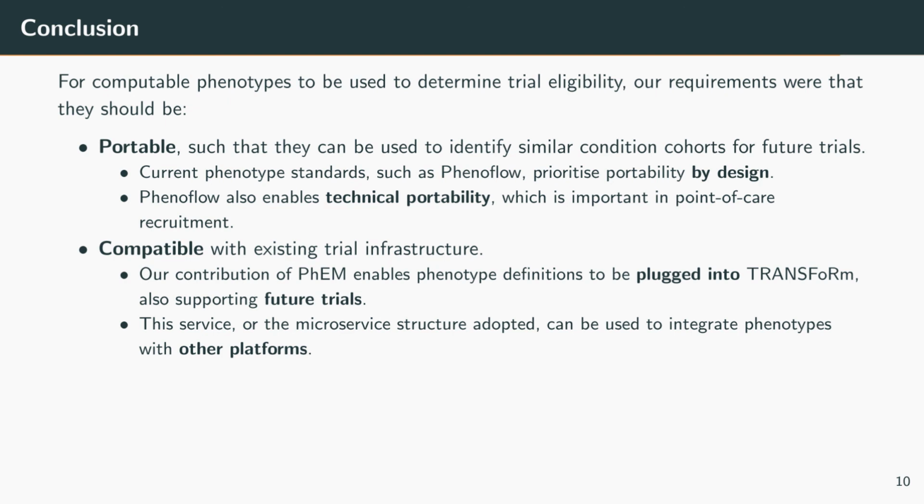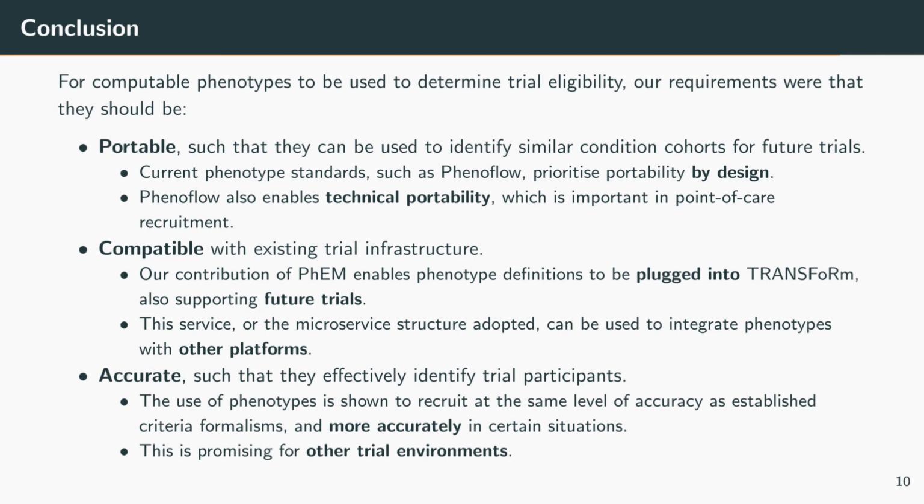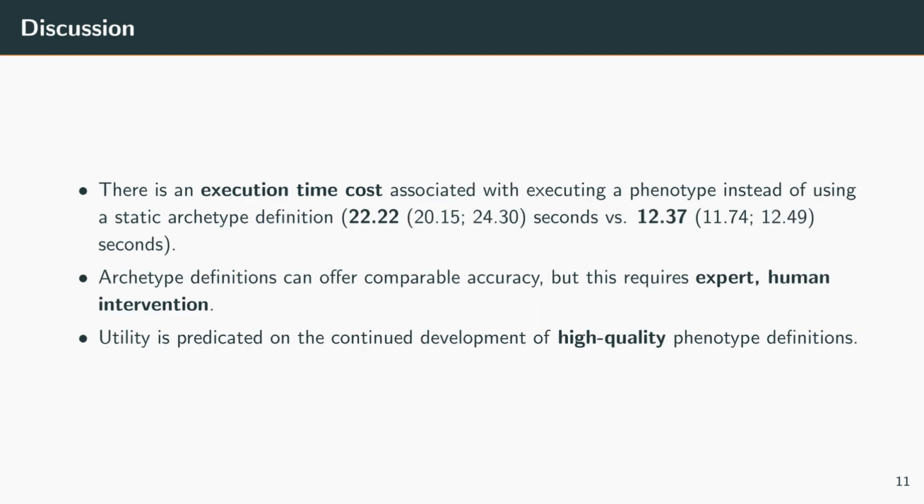And we've seen how the use of this new microservice allows phenotypes to be plugged into the TRANSFoRm infrastructure to enable eligibility checking. This, of course, now sets a model or a blueprint, or provides software, which allows for different phenotypes to be used in future trials. Finally, and of course most importantly, the use of phenotypes should accurately recruit people. And we've seen that the use of phenotypes not only provides the same level of accuracy when recruiting as archetype-based mechanisms, but it's actually more accurate in certain situations.